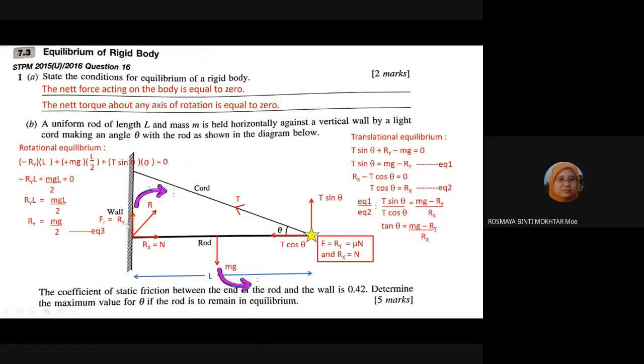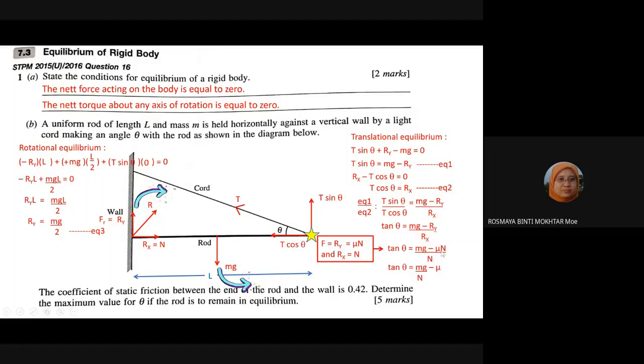The friction formula is mu R, and R in this case is N, so we substitute mu N here. And then Rx is N, the component of R.